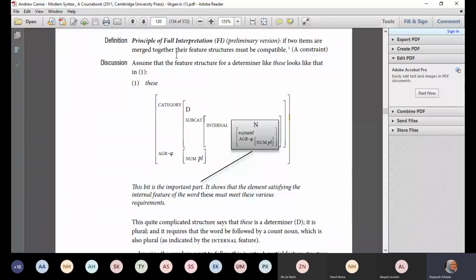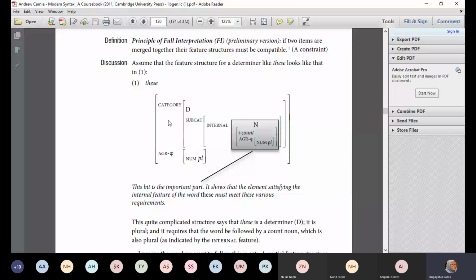He says if 2 items are merged together, their feature structures must be compatible, and this is called a constraint. We say that a constraint is a formal statement which defines what are the possible structures.